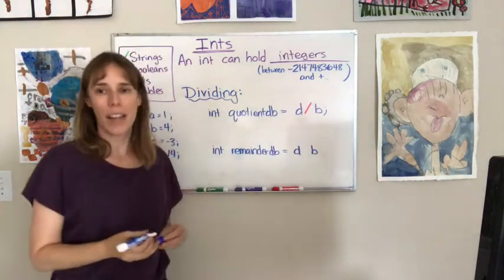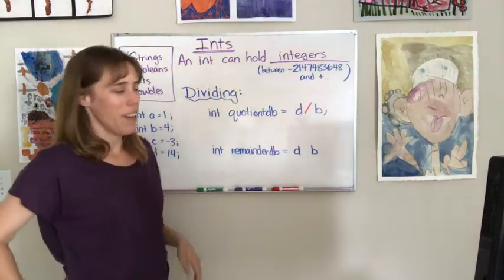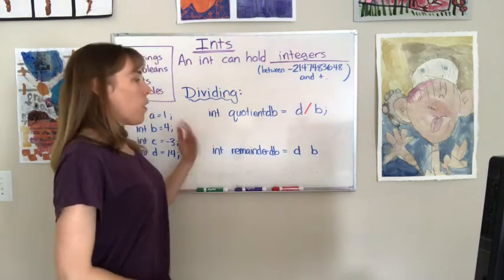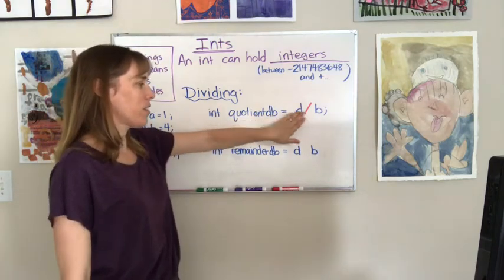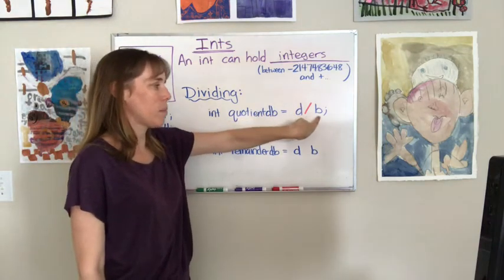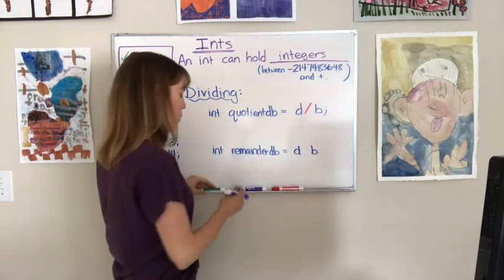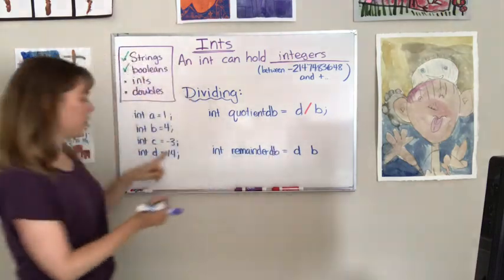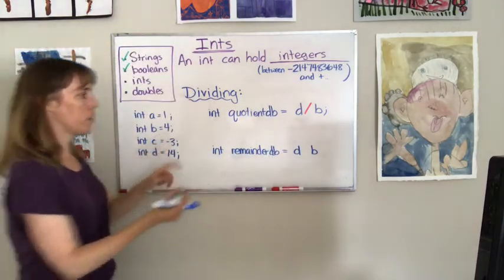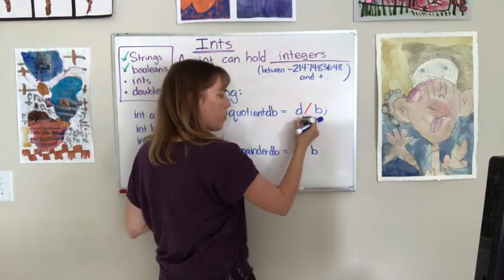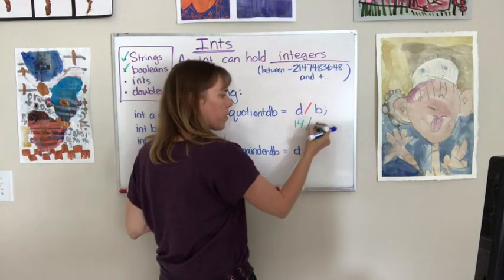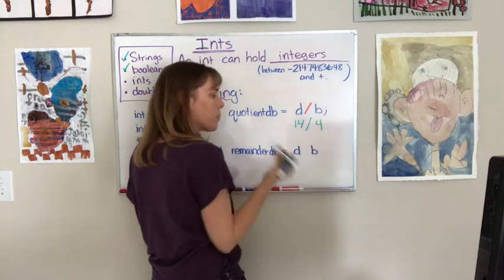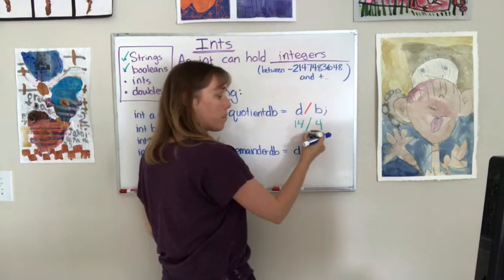Now it's dividing where this gets complicated. So if you wanted to find the result of D divided by B, you know that D is 14 and B is 4. So you've got 14 divided by 4, and you're expecting that to come out as 3.5?